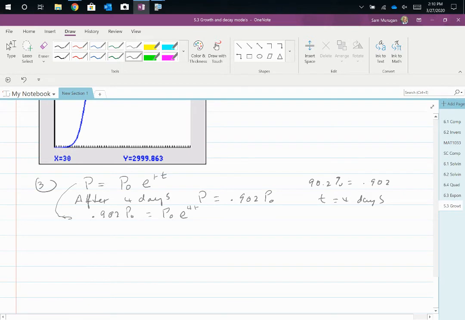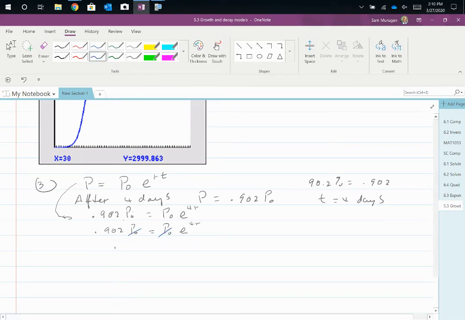So P0 would cancel out here. Let me do it in a second step so you can see it canceling out. So 0.902 P0 is equal to P0 e to the power 4r, and then P0 would cancel out if you divide both sides by P0.